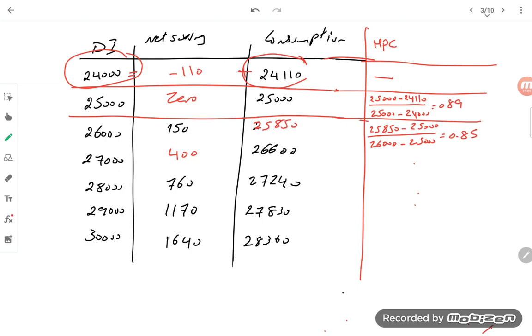This means if your income increases by 100, you are going to spend 85 pounds in consumption and save the rest of your income, and so on. It will be 0.75, 0.64, 0.59, and finally 0.53.